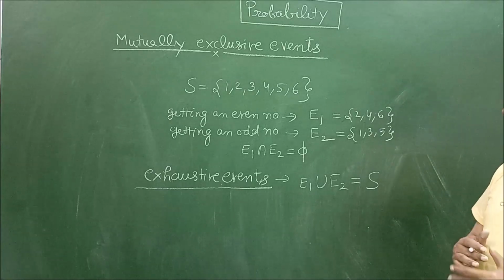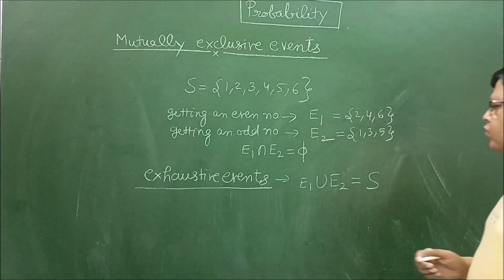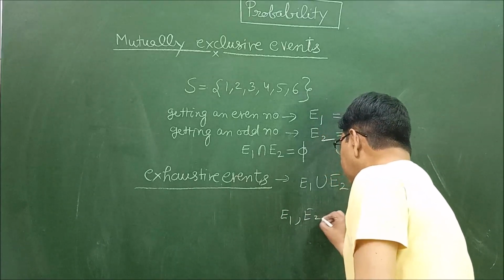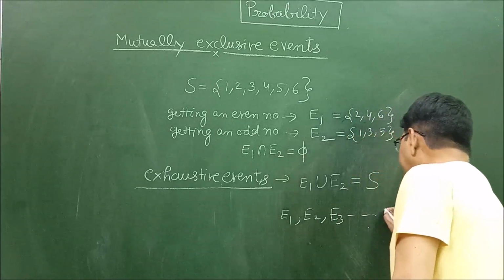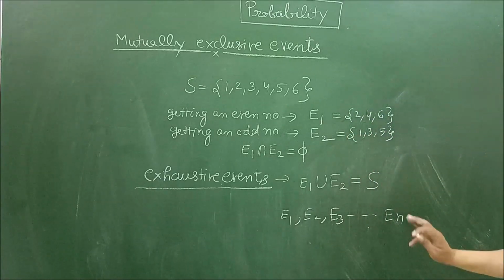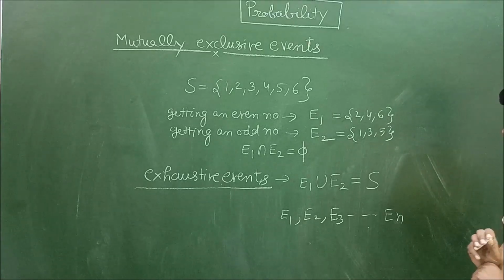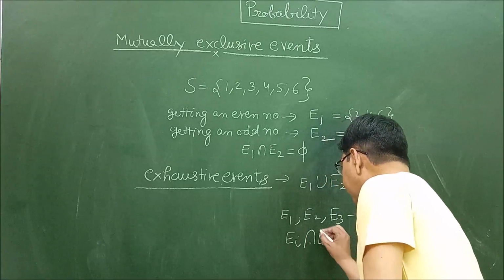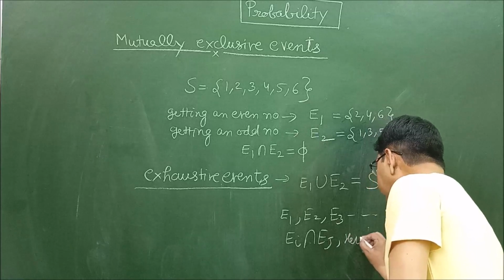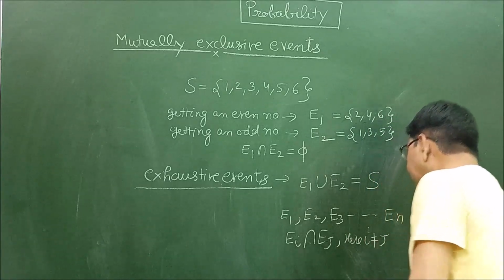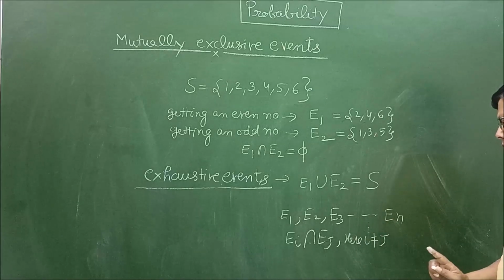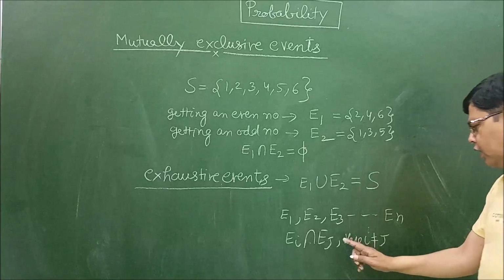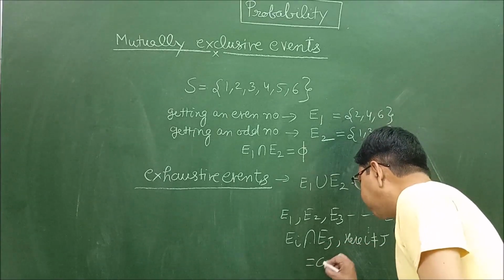So if we generalize, if there are two or more events, suppose there are n events, E1, E2, E3 up to En, and if you find the pairwise intersection, that is Ei intersection Ej, where i is not equal to j, and i and j can vary from 1 to n, then Ei intersection Ej is equal to phi.